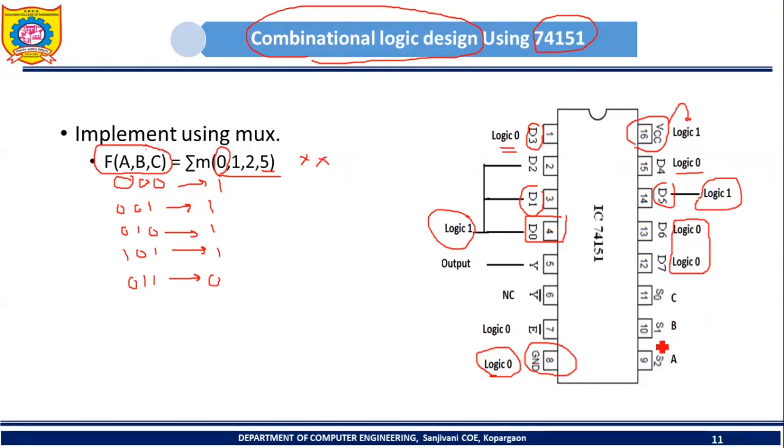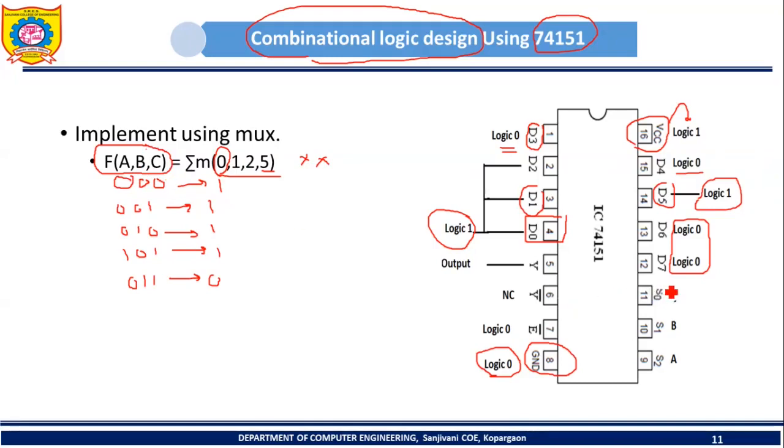Then the selector lines of this multiplexer will act as the variables of this function. That's why these selector lines are labeled as A, B, C. Means you have to consider these selector lines as input variables A, B, C. Here again, please try to understand that A is MSB and C is LSB.